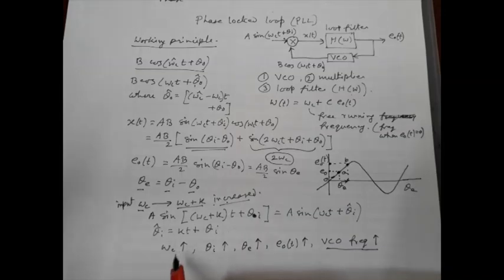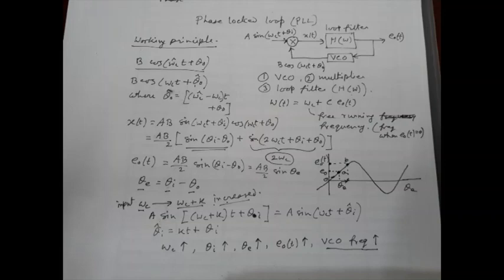So all the things will be just reversed when the frequency is decreased. So we can say that the PLL actually tracks the input signal. Now the two signals are said to be mutually phase coherent or in phase lock. The VCO thus tracks the frequency and the phase of the incoming signal.